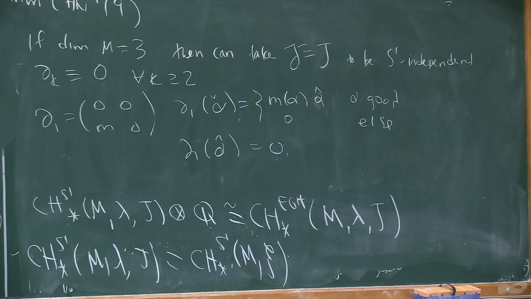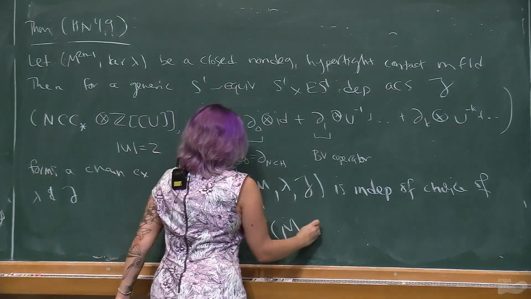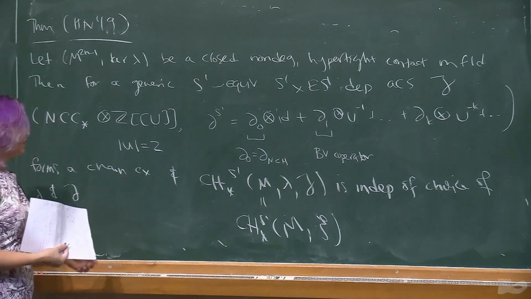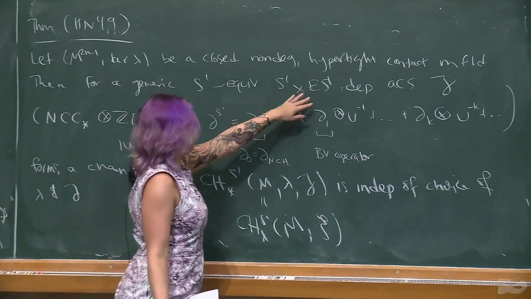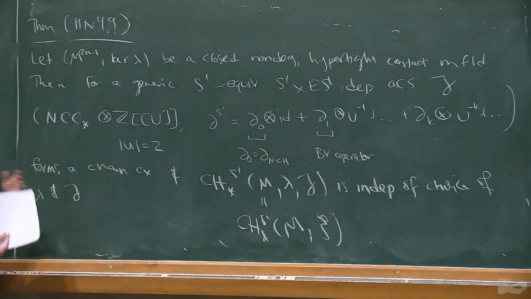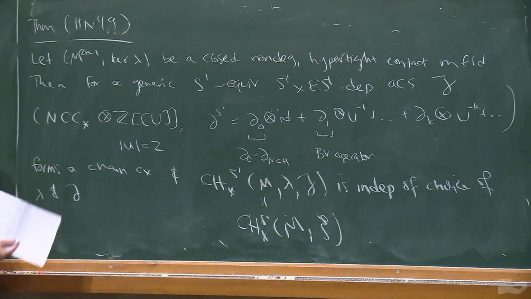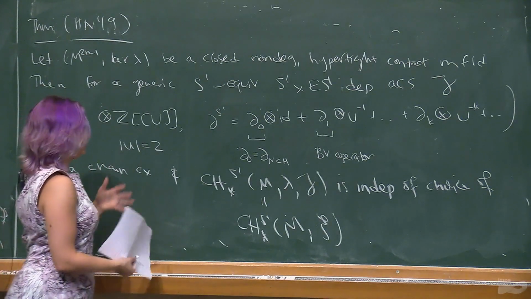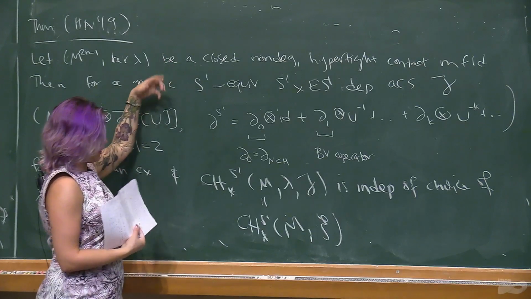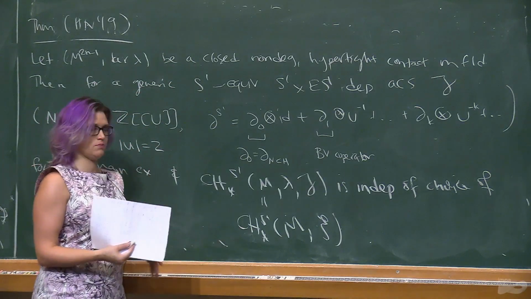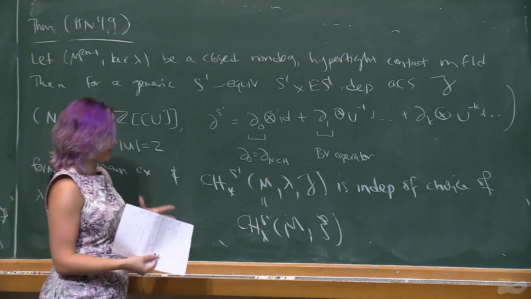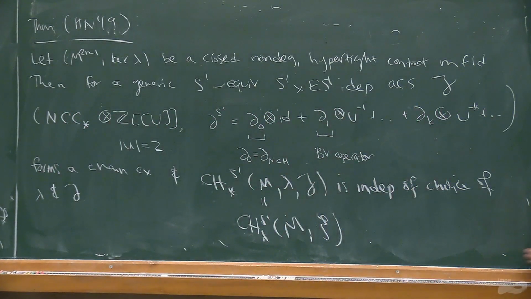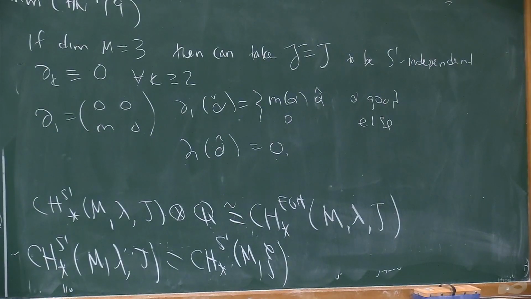The reason for that is because you can take a small time-dependent, S1 cross ES1 dependent family of almost complex structures nearby your time-independent J. Because you've now introduced time dependence, you get a contact invariant, but the implicit function theorem tells you that the counts in the independent case have to be the same as the counts in the S1 dependent case.